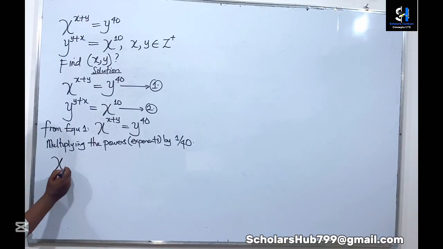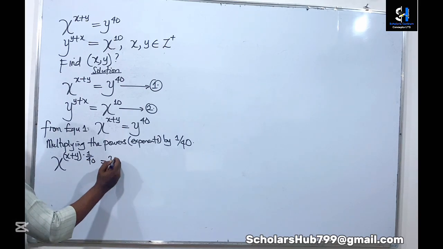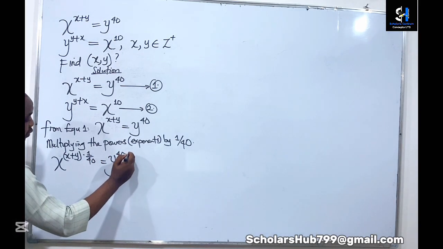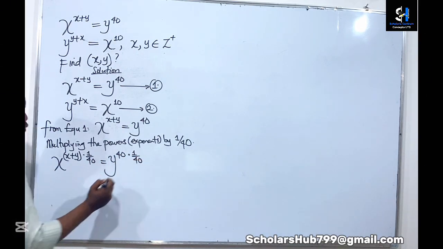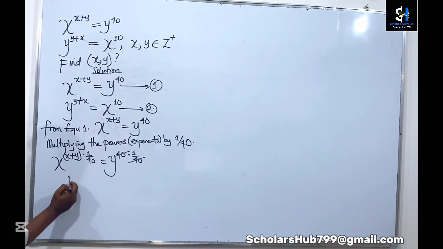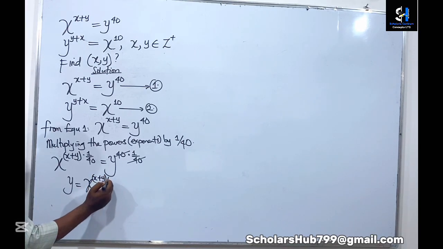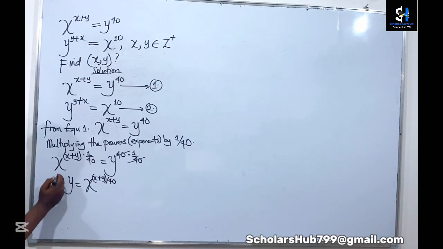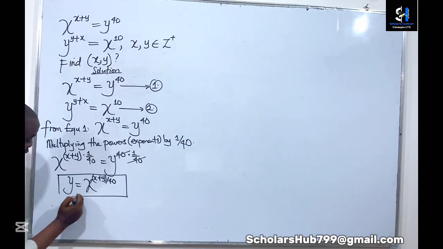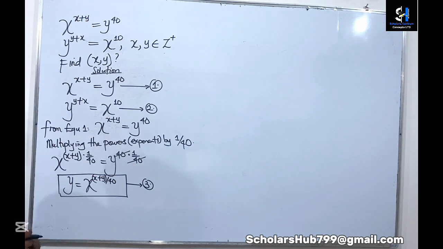So this will be x raised to the power of x plus y multiplied by 1 over 40 equals y raised to the power of 40 multiplied by 1 over 40. So 40 will cancel 40. We'll be left with y equals x raised to the power of x plus y, over 40. Let's call this equation 3. So this is the third equation.